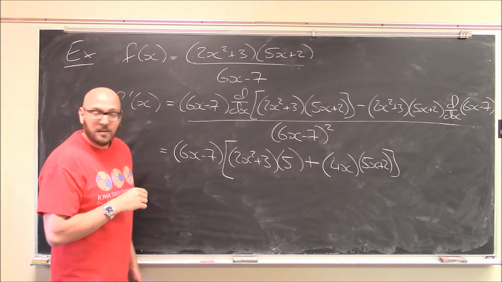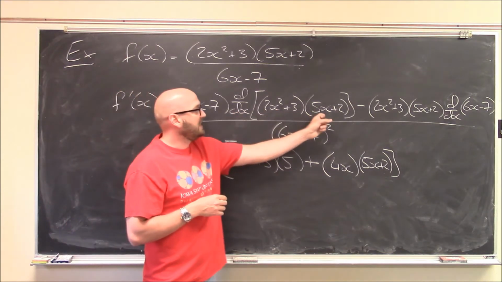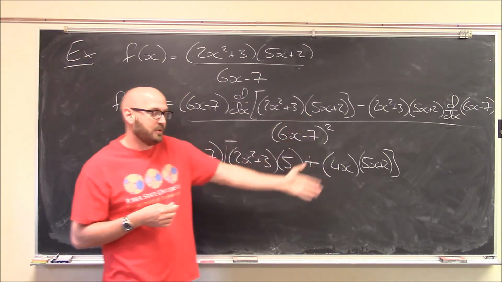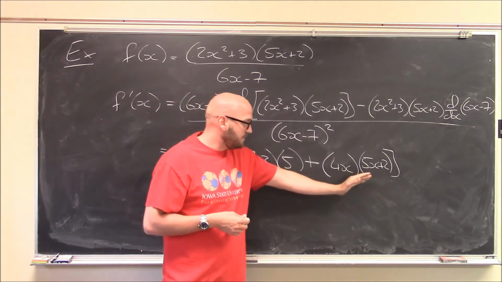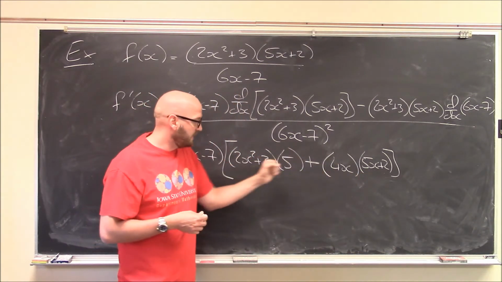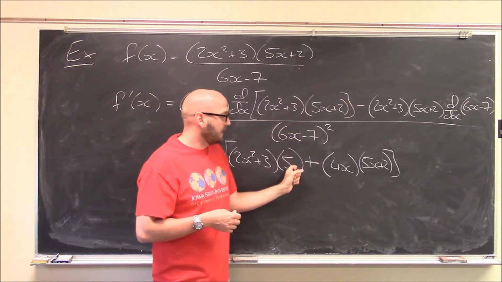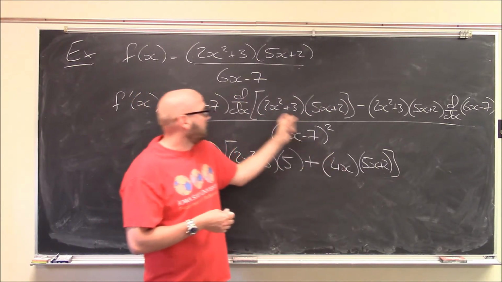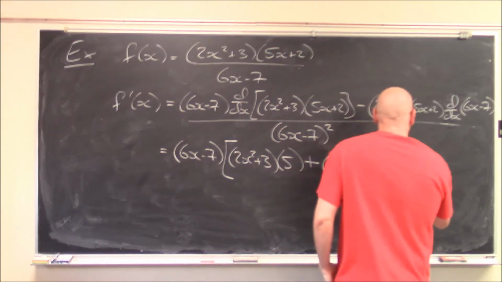And that's actually all we have. Differentiating this, because it was a product, we had to use the product rule. To save myself some space, I did this in situ here. I didn't write down the full product rule again. It was the first function times the derivative of the second plus the derivative of the first function times the second function.